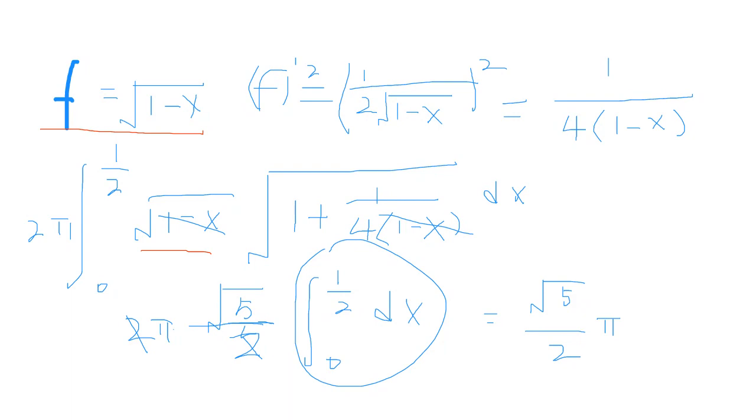We multiply with 2 pi, get the square root of 5 pi. And the integrand just becomes 1, just dx. So that's constant. So we just do half. So half minus 0, which is half. So half times square root of 5 pi. That's right. I think this should be the right answer. Square root of 5 divided by 2 pi.